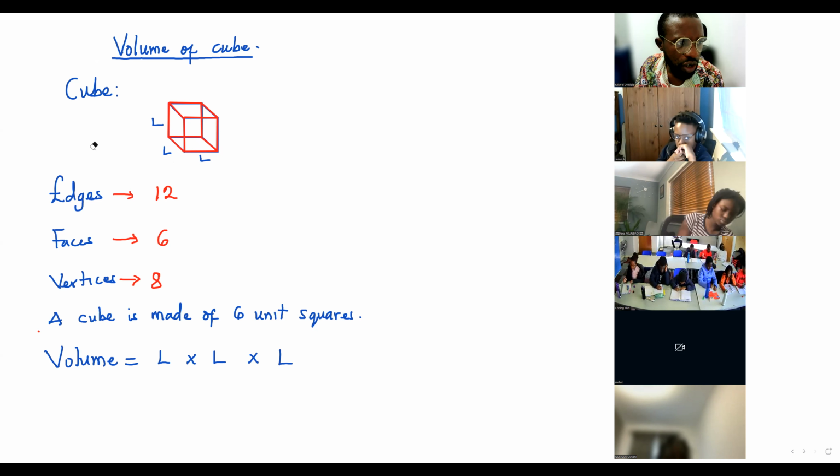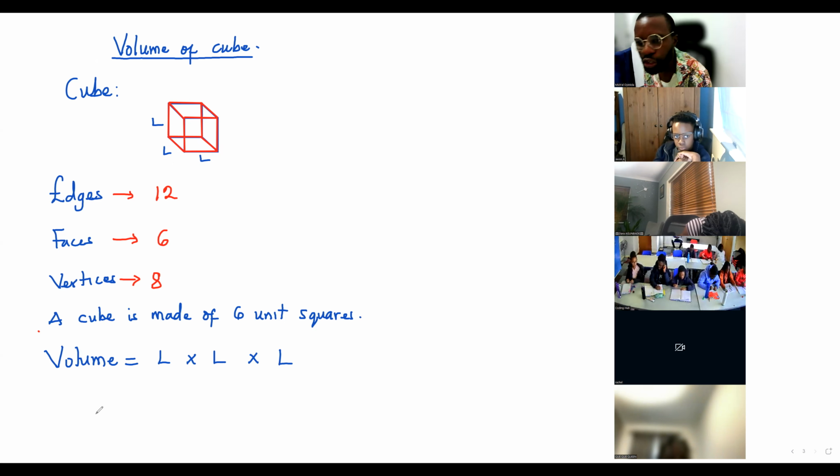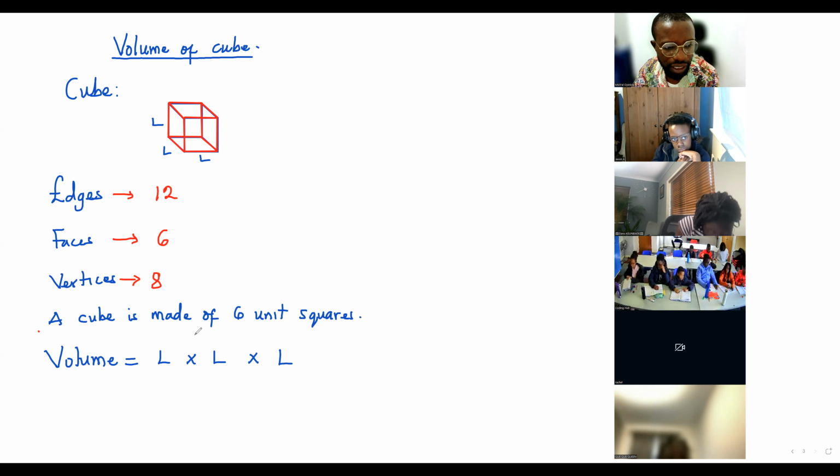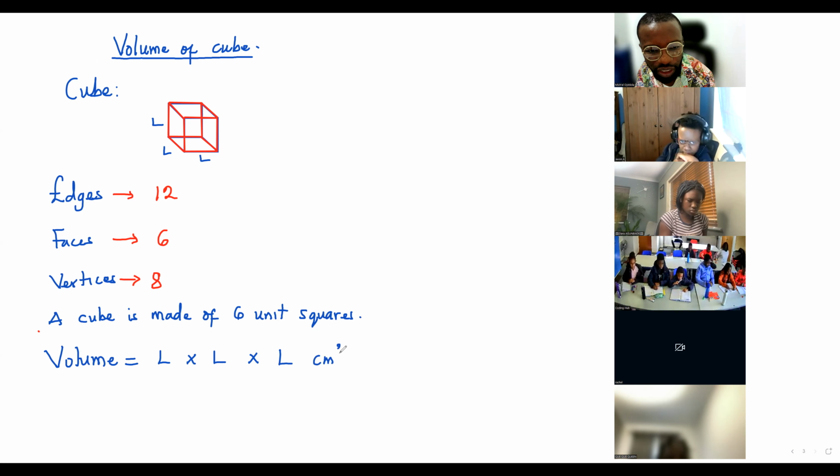Okay, so we've got the length, and length. And the volume of a cube is length times length times length. And it is in cm cube.